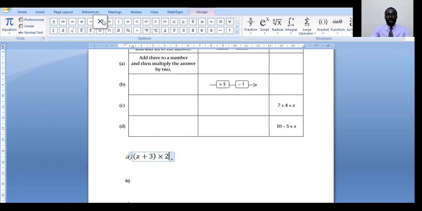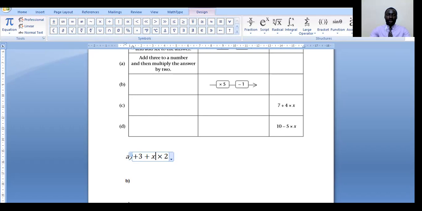Now notice, the reason we are putting this inside the bracket is, if you add 3 to a number, we could first write like this: add 3 to a number, that is plus 3 to some number, like that. Then multiply the answer by 2.